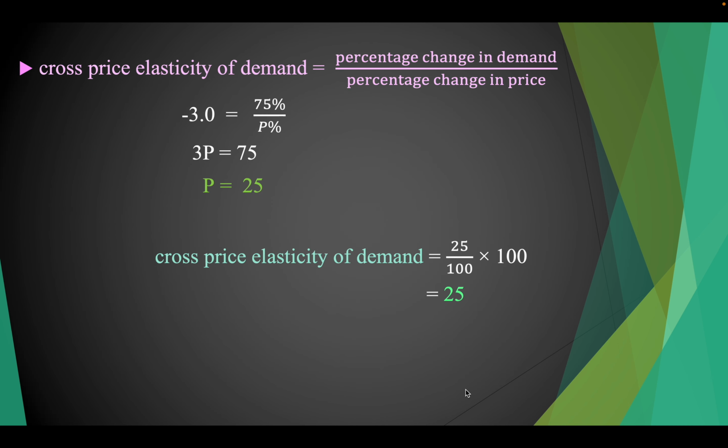Cross price elasticity of demand equals percentage change in demand divided by percentage change in price. So, cross price elasticity is minus 3.0 and percentage change in demand is 75%. So, when you compute that, you get the price change is 25%.